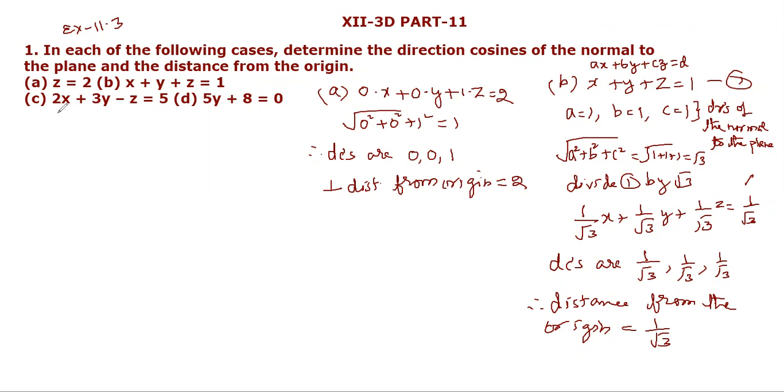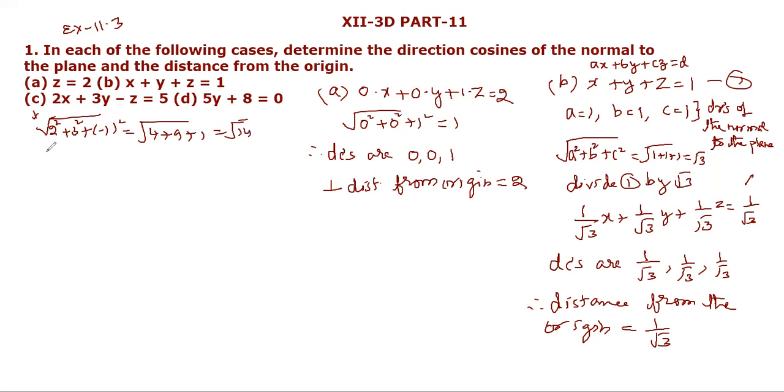Okay. Similarly, we can do for all other questions. This will be divided by under root 2 square plus 3 square plus minus 1 square. This is question number C: 2 square 4, 3 square 9, 1 square 1, 9, 10, 14, under root 14.